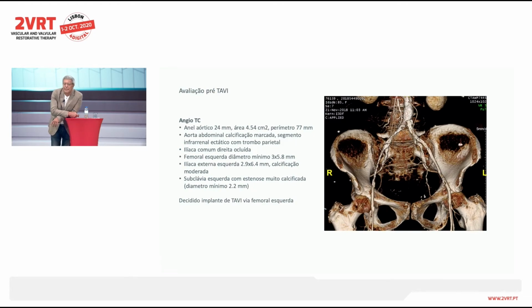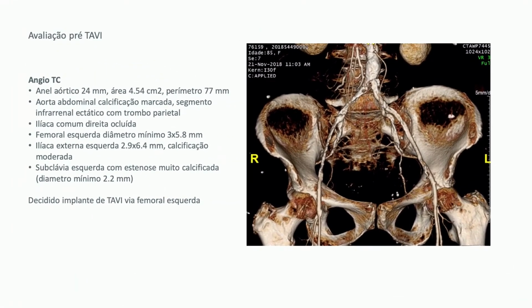And this is the CT. You can see annulus of 24 millimeters, and a very huge calcification of the abdominal aorta in the infrarenal space, and the right iliac was occluded.